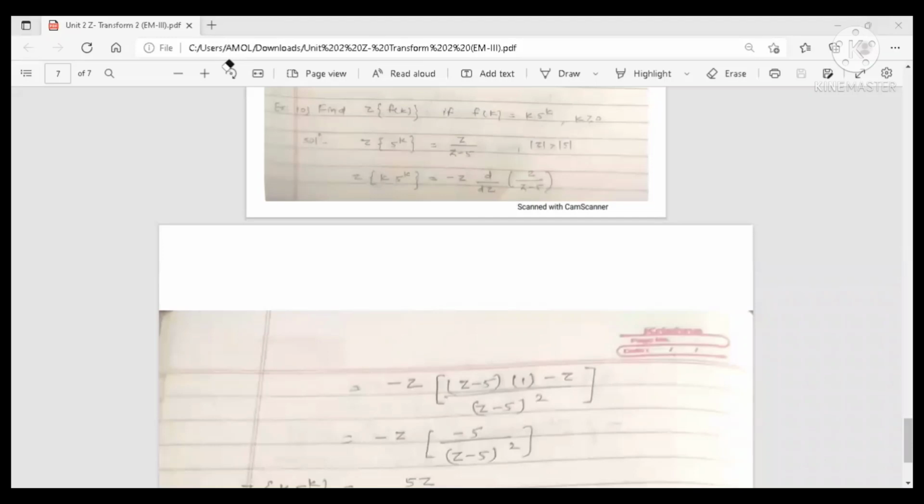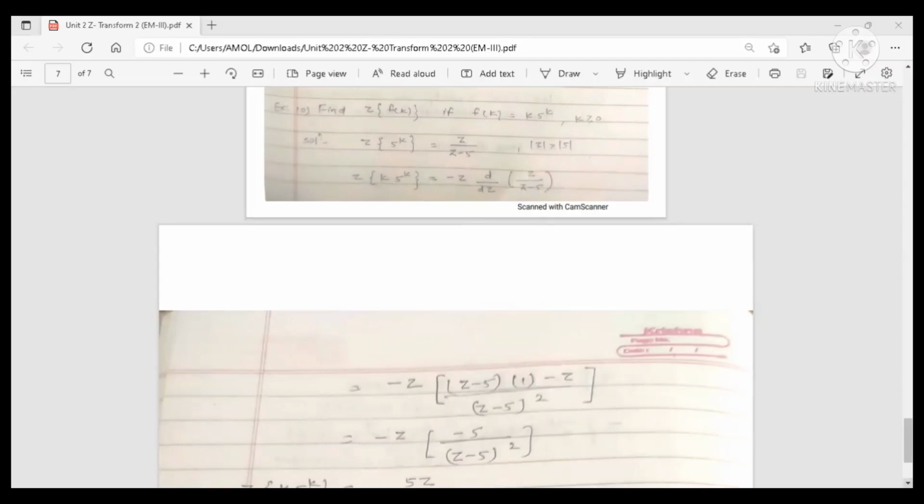So v as it is, z minus 5 as it is, into derivative of u, derivative of z is 1 with respect to z, minus u as it is, means the numerator term z as it is, into derivative of the denominator term. Denominator is z minus 5, derivative with respect to z is 1. So minus z, that is 1 upon z minus 5 whole square.